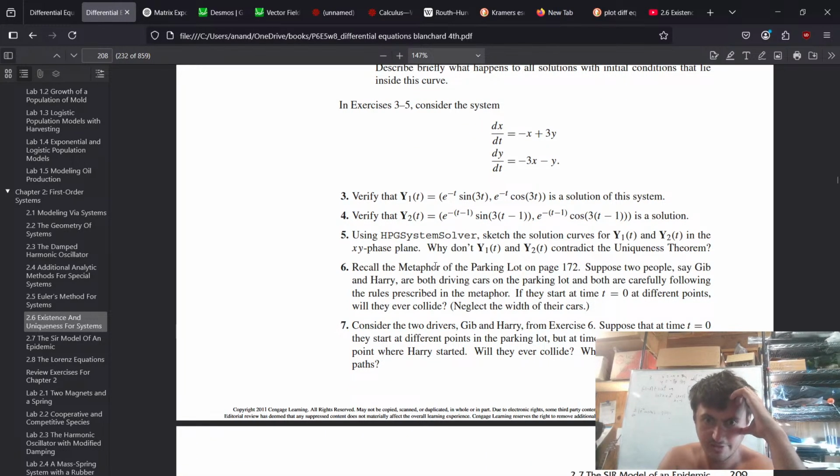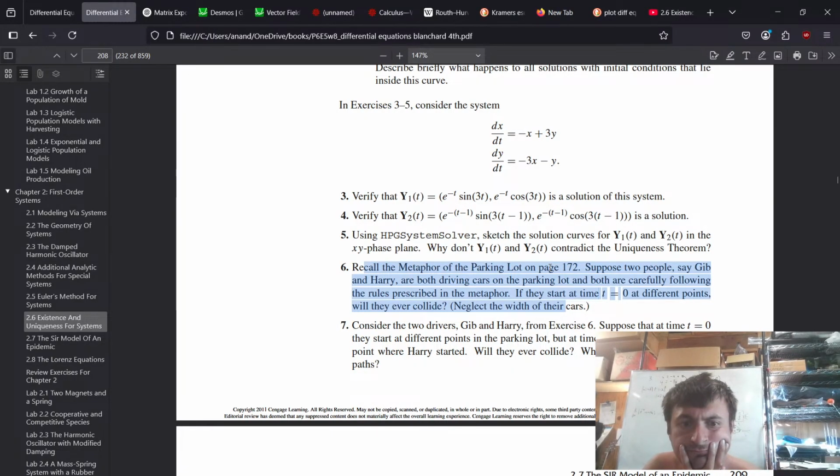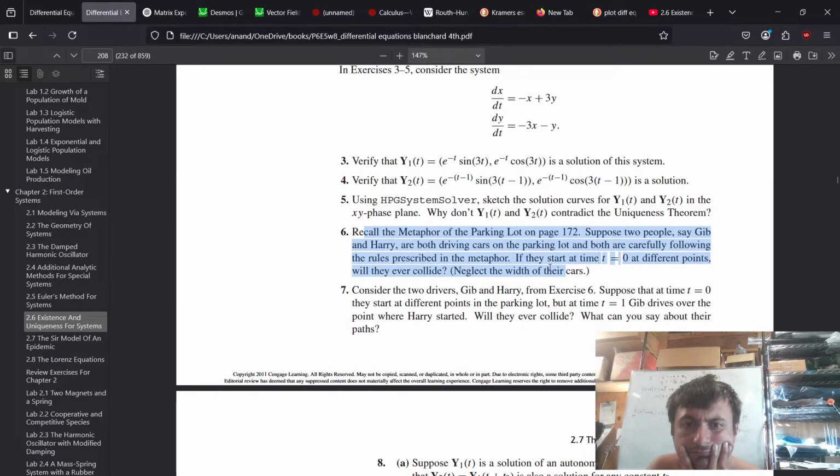All right, so we did 3. They will never collide.